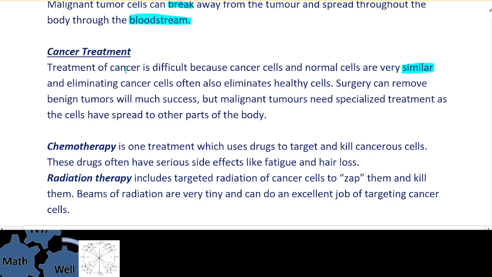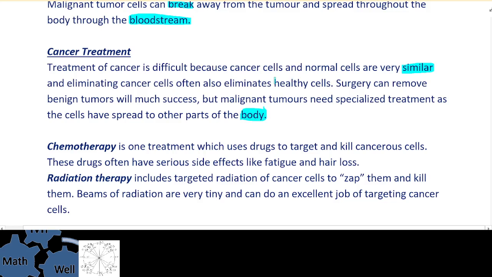And when you do kind of target some cancer cells, you end up eliminating some healthy cells as well. So cells are very similar, and eliminating cancer cells often also eliminates healthy cells. Surgery can remove benign tumors with much success, but malignant tumors need specialized treatment, as the cells often have spread to other parts of the body. We just talked about that.